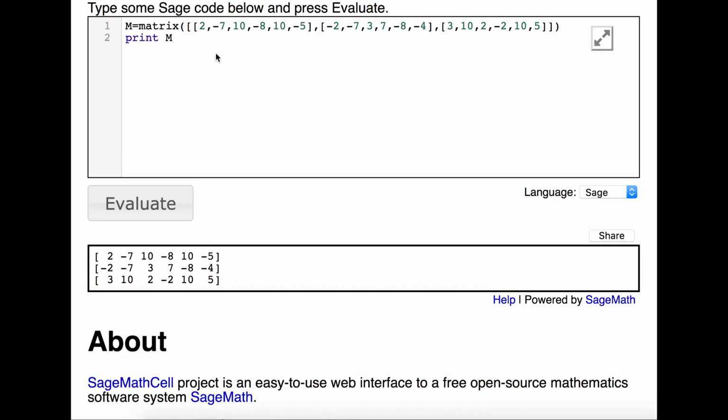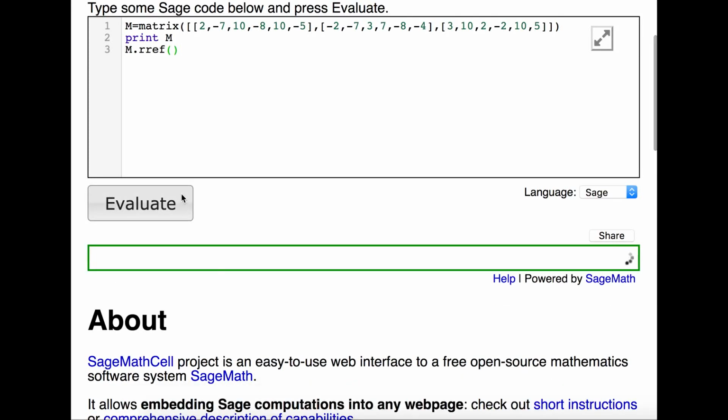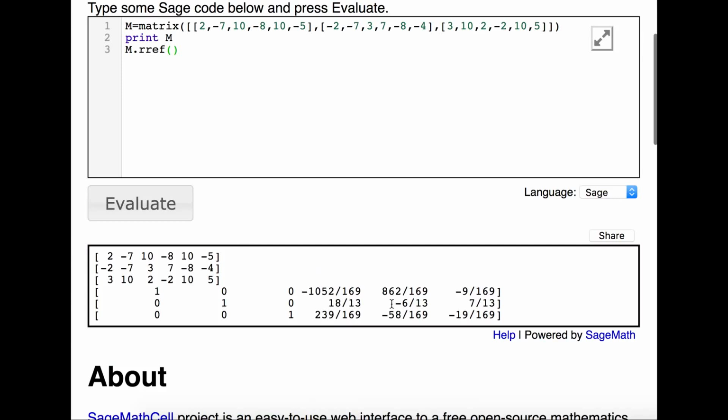I've just put in the augmented matrix: this is the C matrix here on the left, and this is the B matrix on the right. So all we need to do is reduce. If we just type in m dot ref, we'll get the conversion matrix, and there it is. It's a little ugly, but that's what it is.